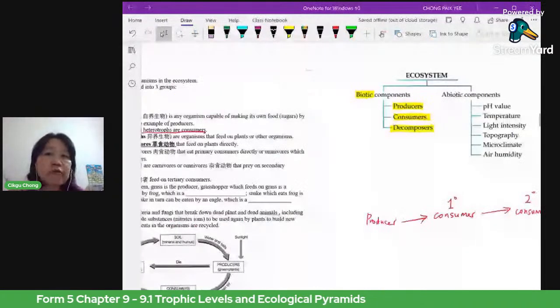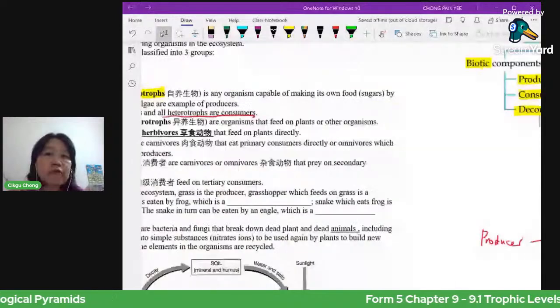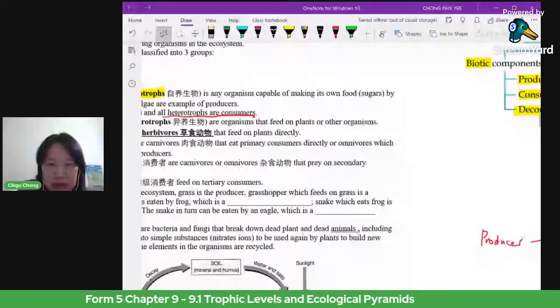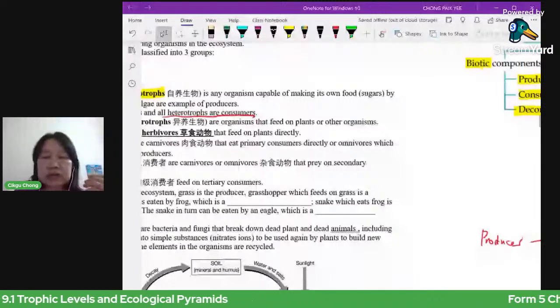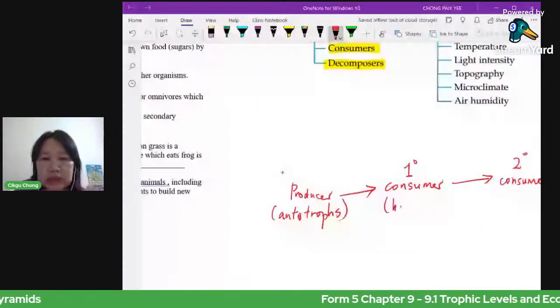Okay, let's look at this. Producers are all autotrophs. Let me write down here to let you know. Producers are all autotrophs. The first one, we call it the primary consumer, must be a herbivore. They cannot be carnivores. Herbivores have to eat the green plants.